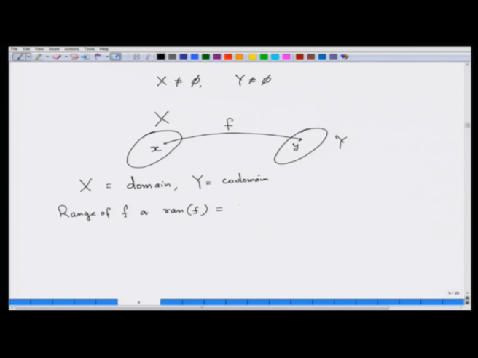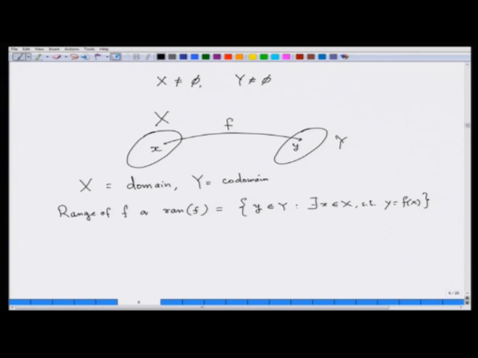It consists of all elements in the codomain, so it consists of all y in this set Y for which there would exist an x in X such that y is equal to f(x).